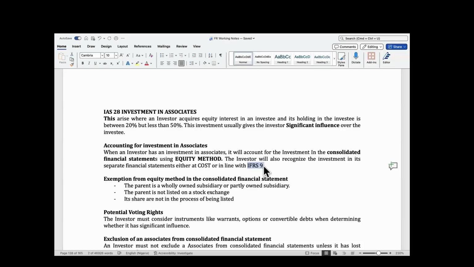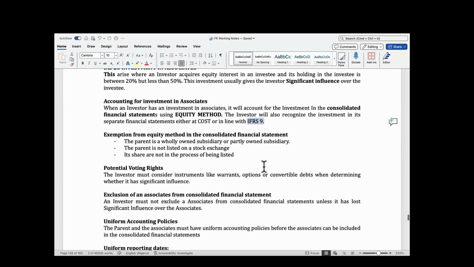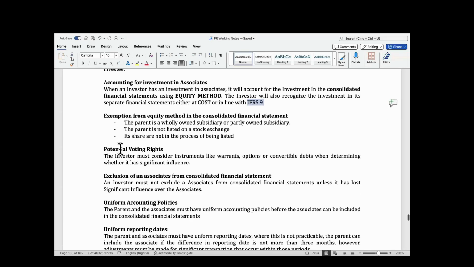Now, I hope that is clear. Furthermore, all the principles I taught you under investment in subsidiary also apply here too. So you are exempted from equity method if the parent itself is a wholly owned subsidiary, which means that the parent, the investor, is not preparing consolidated financial statements, or the parent is not listed or in the process of being listed.